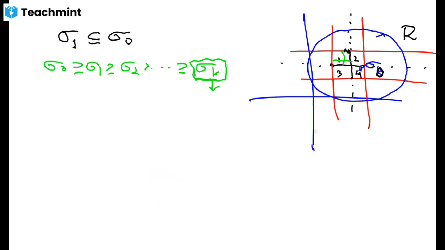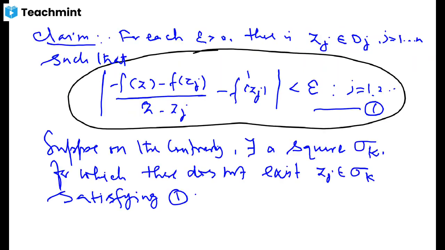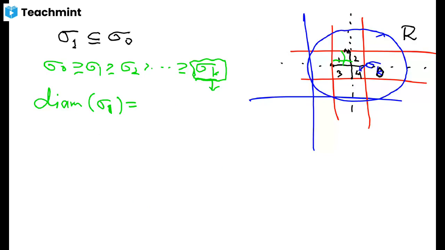Then every time you will get a sequence of squares, and remember we are taking closed squares, so these are compact sets. Every time, the area of the square becomes 1/4. The area goes to 0, and the diameter of a square is the length of the diagonal.